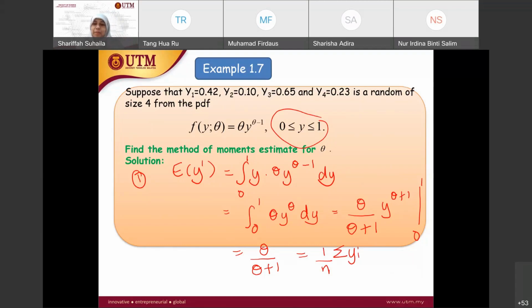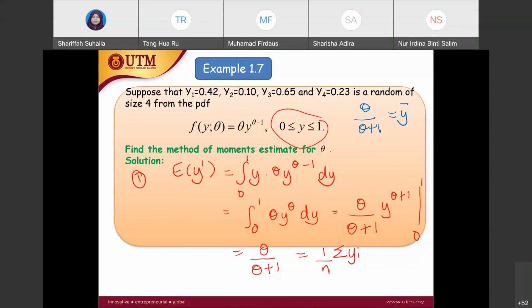Okay, so 1 over n summation yi is the same thing if you write this one is your y bar lah. Kita sambung. Okay. So, saya tulis ni theta over theta plus 1 is equals to y bar. So you have theta over theta plus 1 equals to y bar.